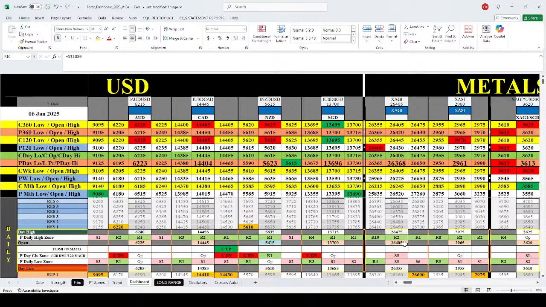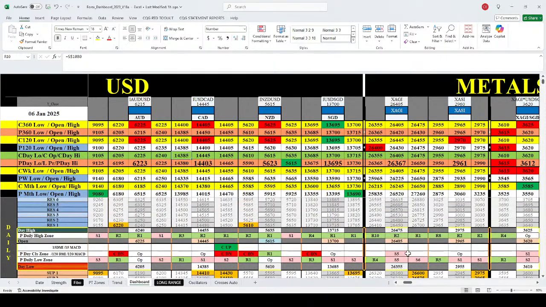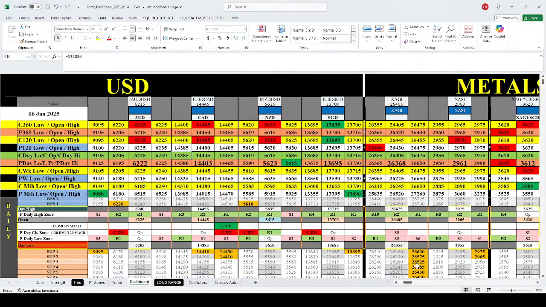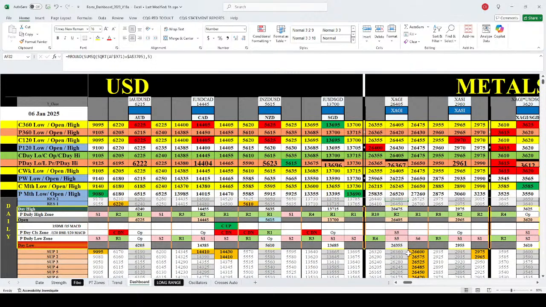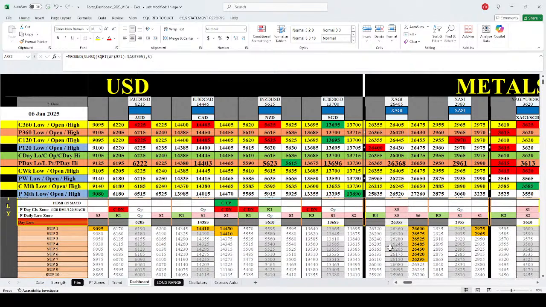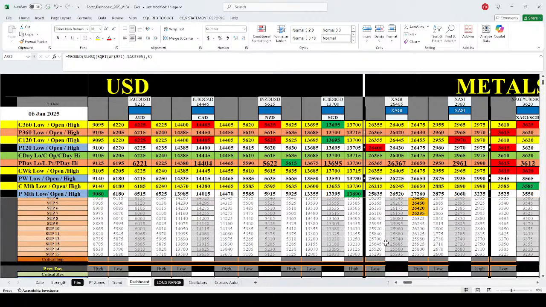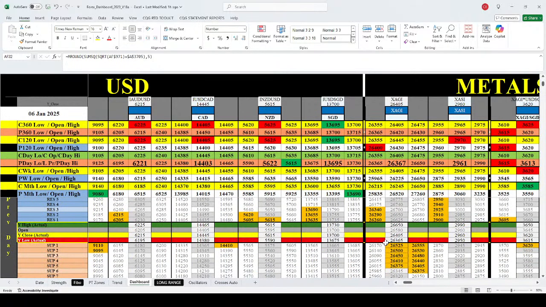So these are the levels, and the dashboard says 2657 or 2648 can also be the high, and we need to see the 2636.33 break, then we should see the price moving lower. And right now this is trading near the low. Okay, this is trading near the low.